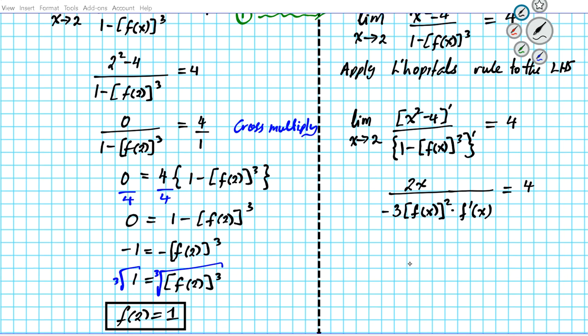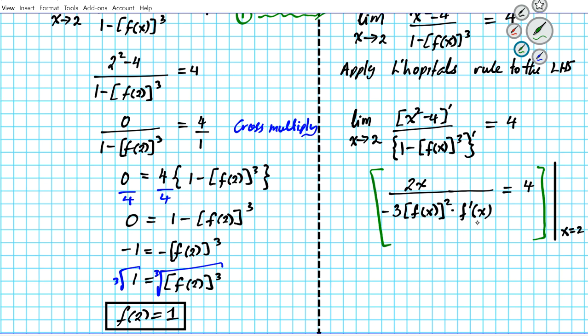Now that we're done differentiating, we're going to evaluate the entire equation at x equals 2, because we're trying to look for f prime of 2. We already have the f prime component introduced into our equation.